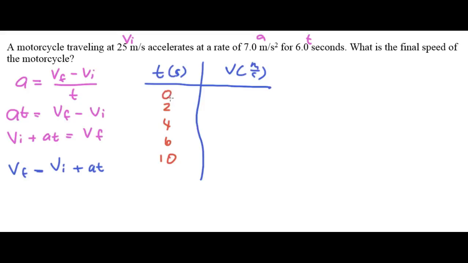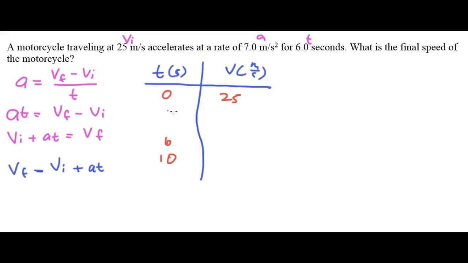So at initial velocity, we know that the motorcycle is going at 25 meters per second at the start, time equals 0. And for every second, it is going 7 meters per second faster. So actually let's add an extra one in here, just for a little bit of clarity.